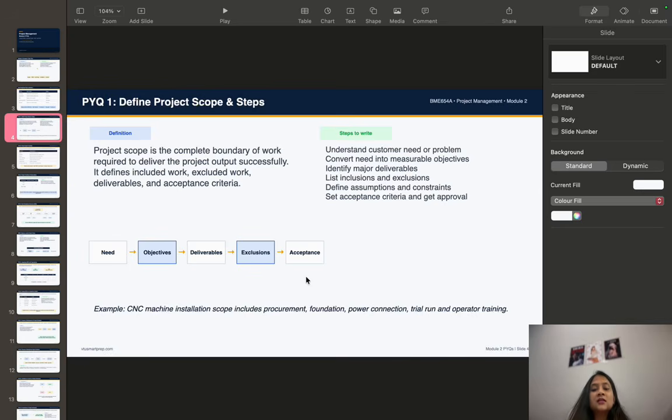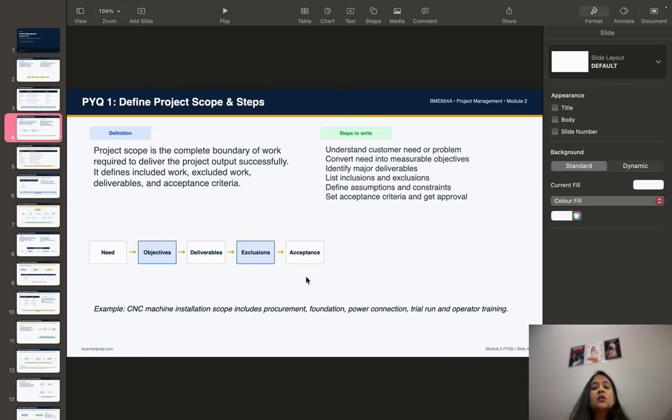Let's say in a CNC machine installation project, the scope may include procurement, foundation work, power connection, machine installation, trial run, and operator training.